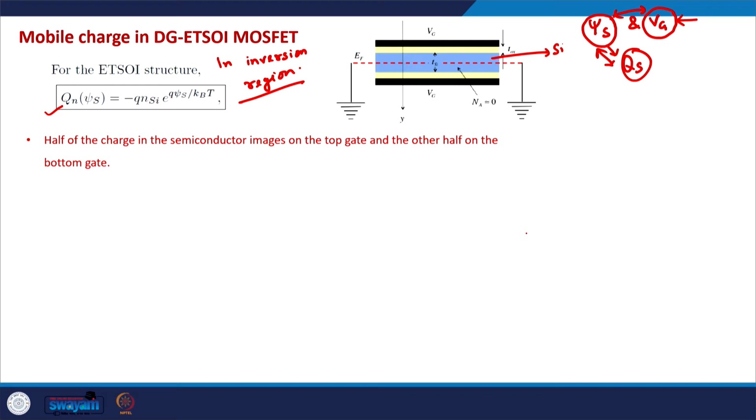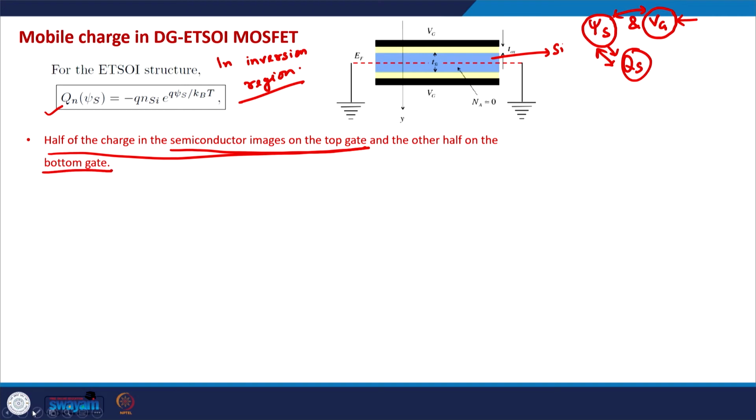And whatever mobile charge is there in this DG-ETSOI MOSFET, we can assume that half of the semiconductor charge is imaged by the top gate and the other half by the bottom gate.